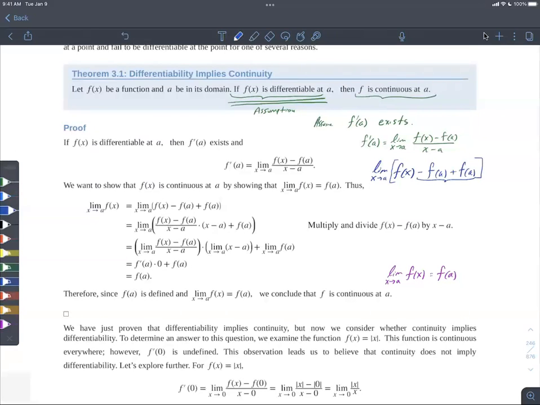That's not really changing the limit. We're not changing the value there. And then next, we can multiply. So we have this new limit. We can take this part here, multiply by x minus a, and at the same time divide by x minus a. Again, we're not really changing the value here because we're technically multiplying by 1, essentially.